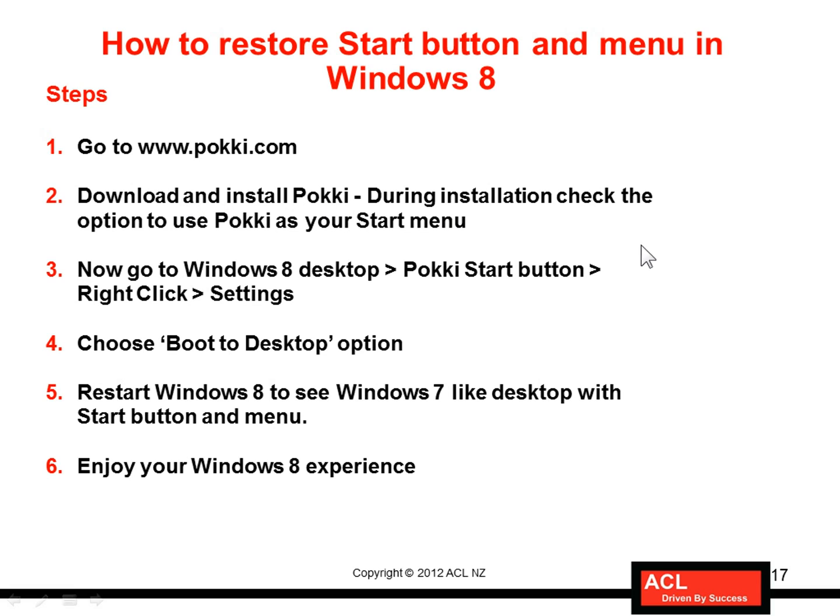During installation, it will ask an option whether you want to use Poki as your start menu, and that's where you need to check that option. Yes, you would like to use Poki as your start menu.